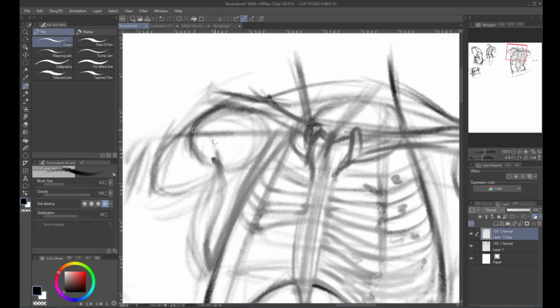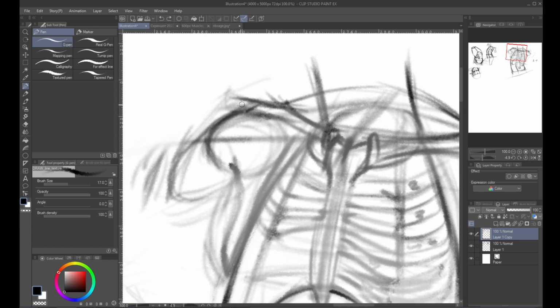So the shoulders go here, connected to the clavicle and the scapula, like we discussed yesterday. Scapula is hidden on the back, but let's show it.